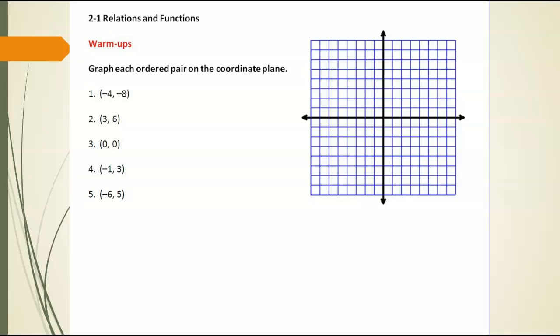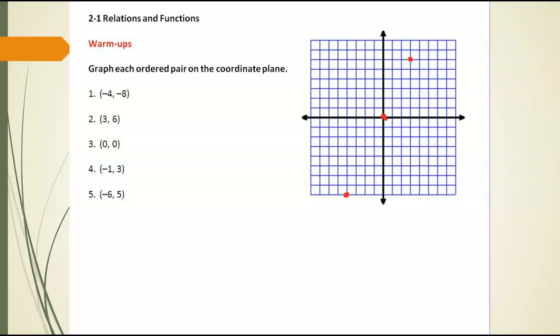So that first point, -4, -8, is going to be to the left 4 on x and down 8 on y. Then you're going to graph 3, 6, so to the right 3 and up 6. 0, 0 is a special point.